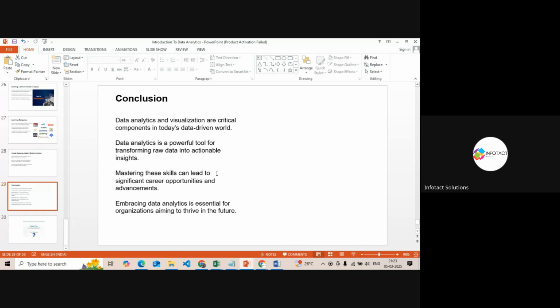Analytics is a powerful tool for transforming raw data into actionable insights. Mastering these skills can lead to significant career opportunities.